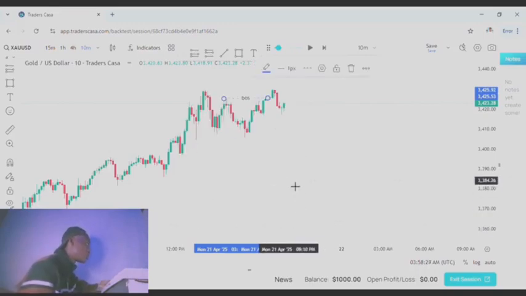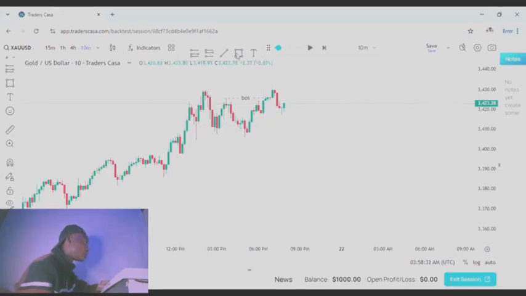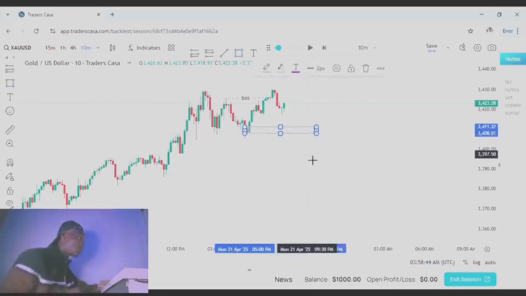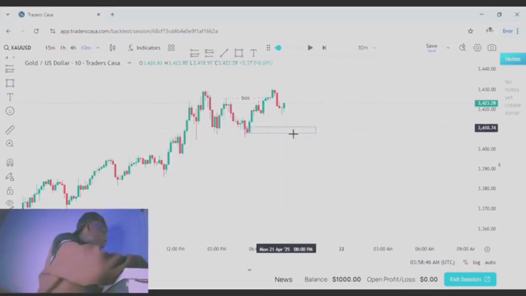And you can see our order block right here, the move that caused the breakout. Let me go ahead and write it down for you.